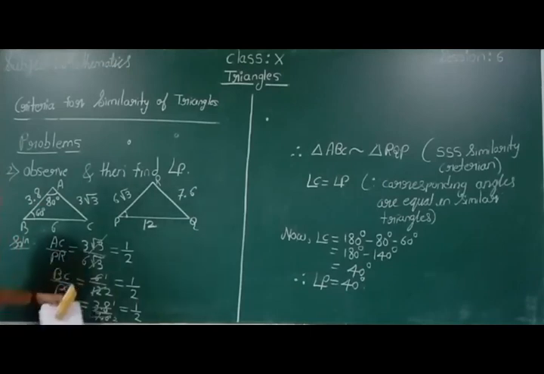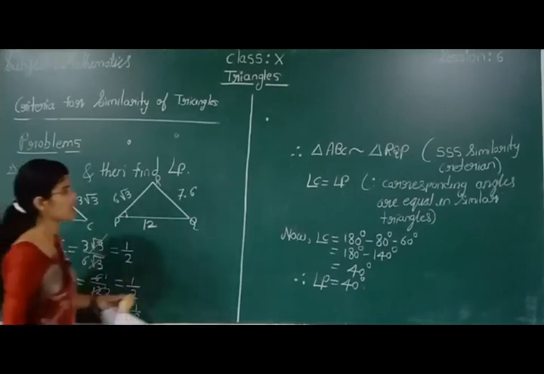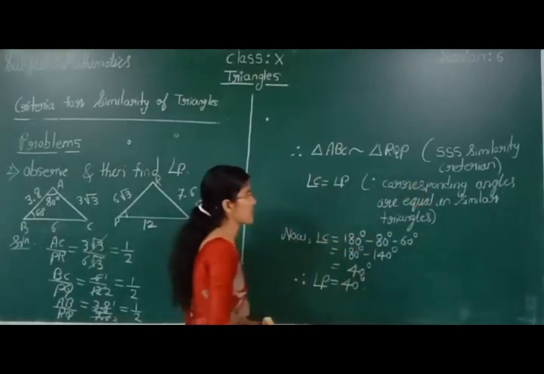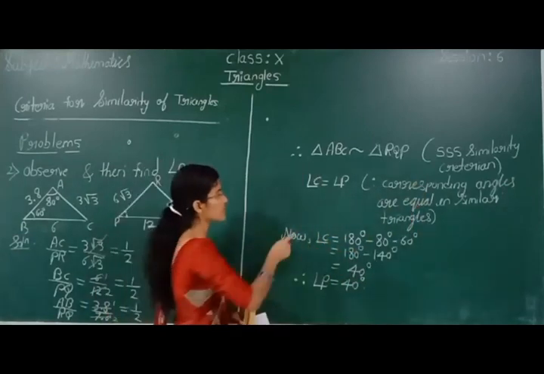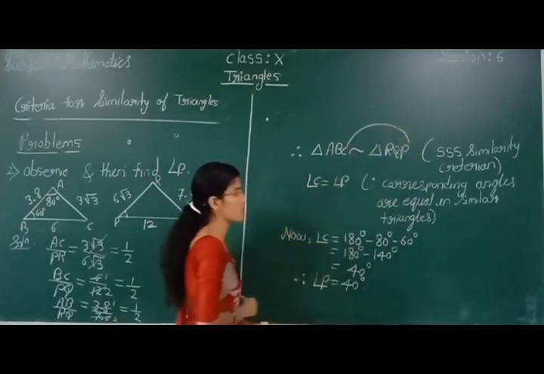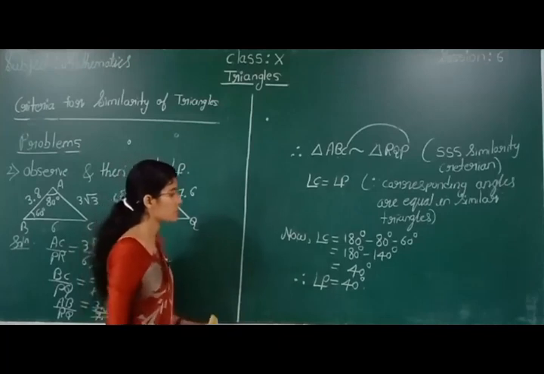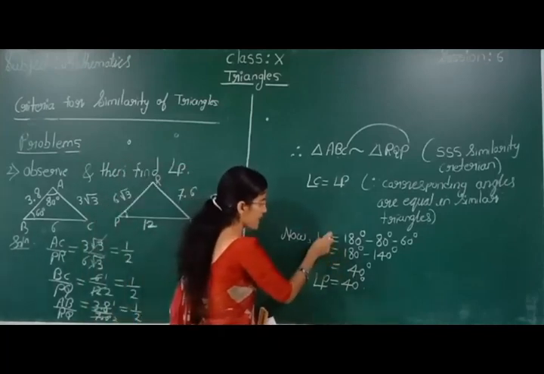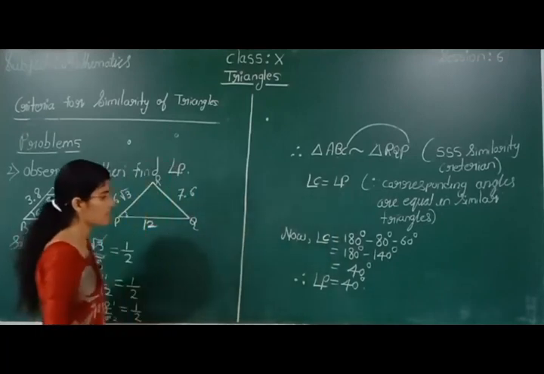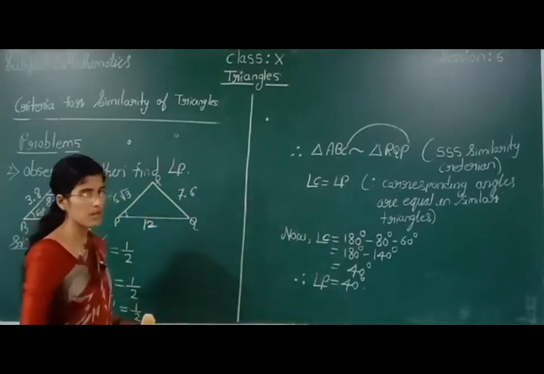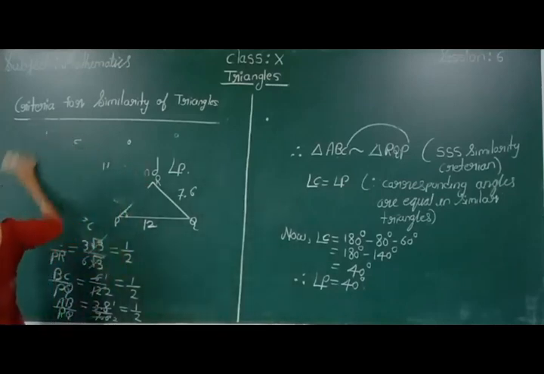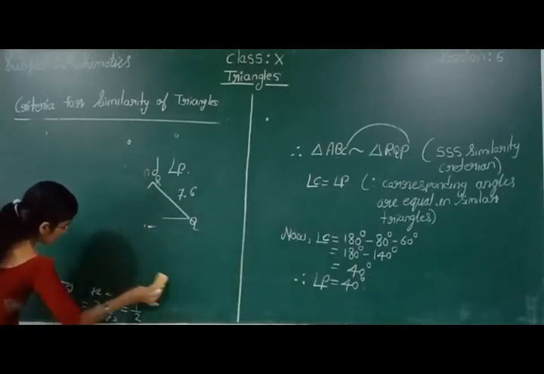We are getting the same ratios, which means these two triangles are similar by SSS similarity criterion. If they are similar, their corresponding angles are equal. We used the angle sum property to find angle C, and got angle P as 40 degree. So next we are going to see the third problem.